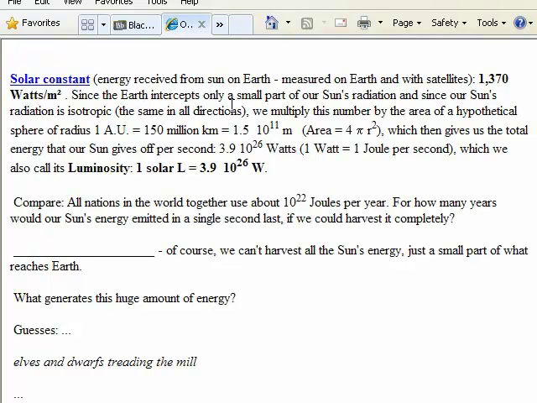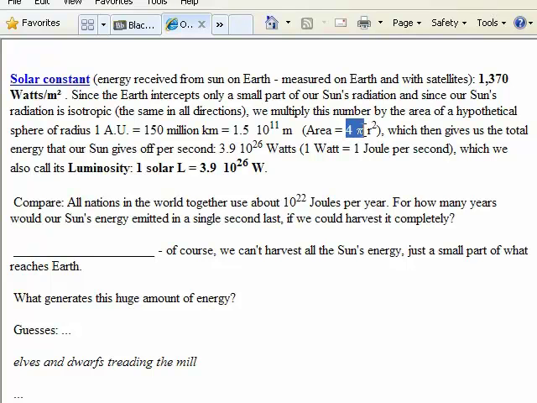But the Earth intercepts only a small part, so what we do is we multiply the number that we measure by the area of a hypothetical sphere of the radius that we are away from the sun. So if you can imagine a huge spherical surface around the sun where Earth sits on just one point of that sphere, that entire sphere is what we have to multiply that solar constant with, because that would be the energy that the sun radiates.